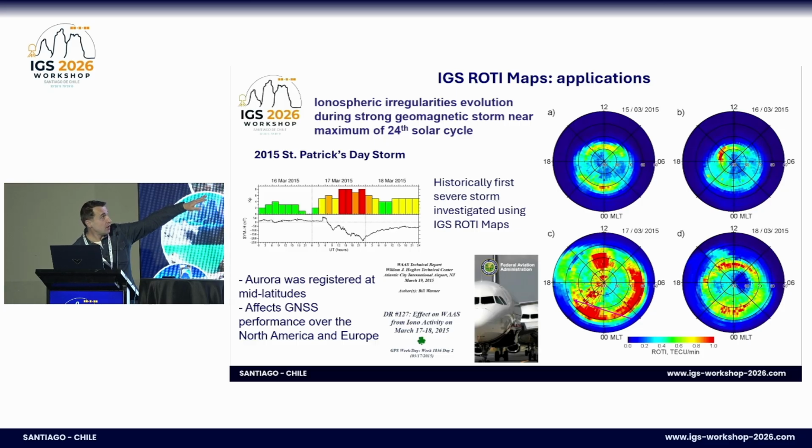When we have quiet conditions, the irregularity oval is pretty weak and located within a narrow area of magnetic latitudes.